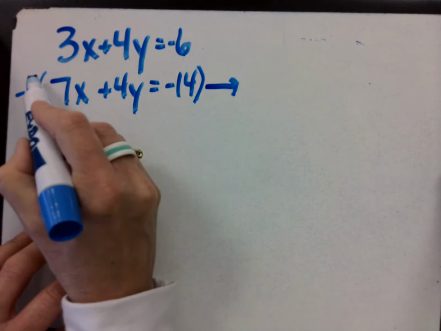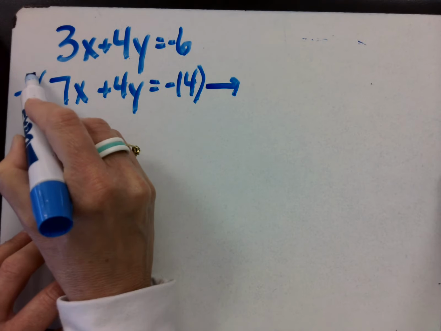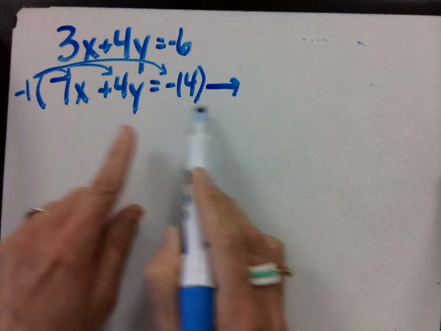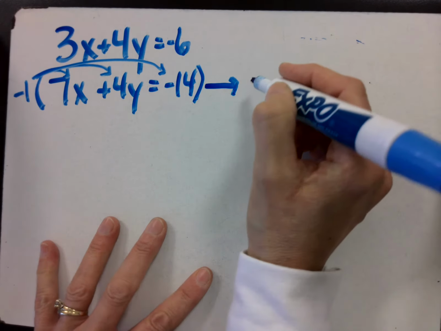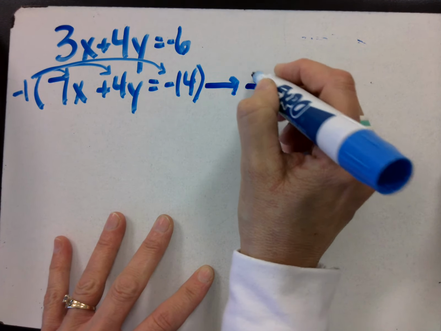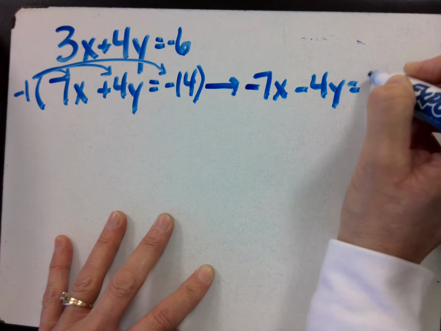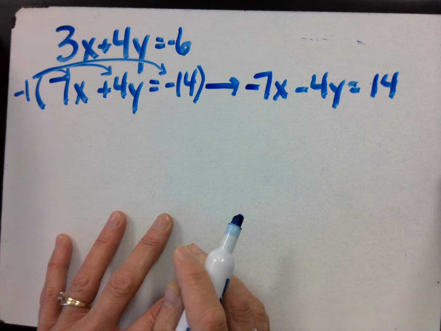So don't forget you have 3 things here to multiply by negative 1. So this one will turn into negative 7x minus 4y equals positive 14.